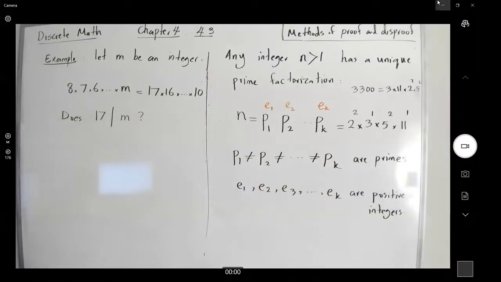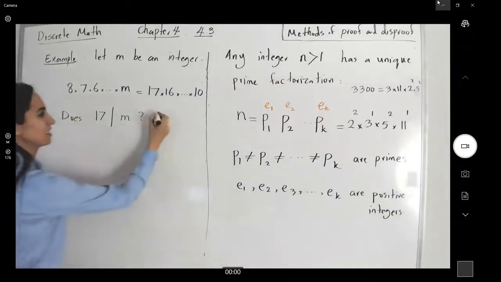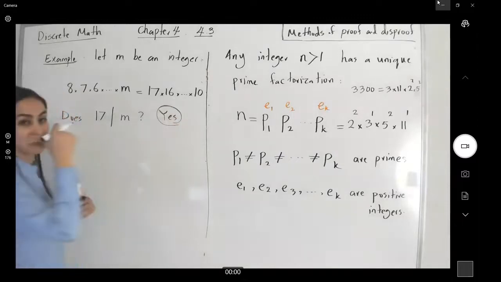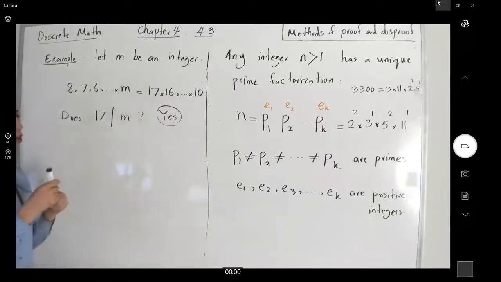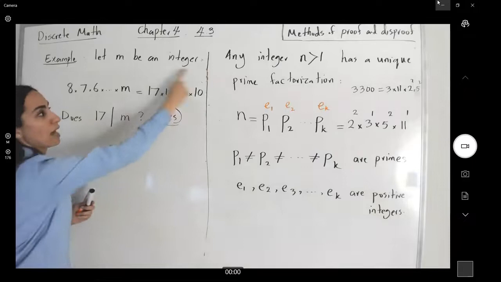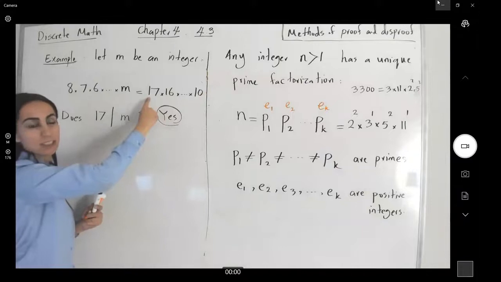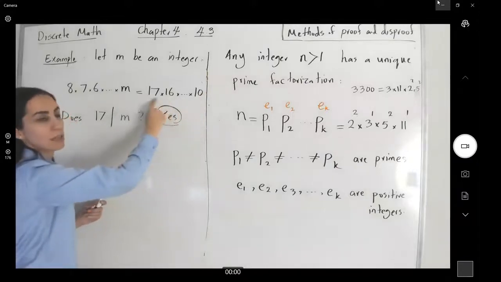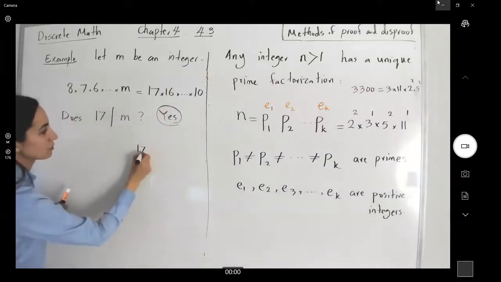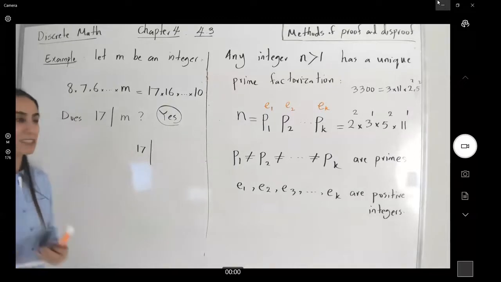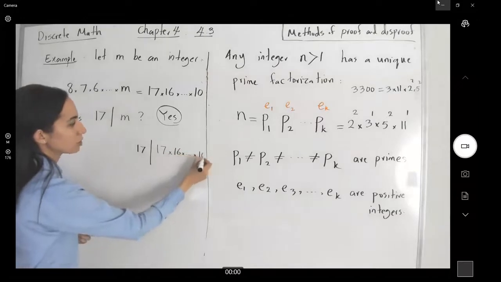Very well. The answer here is yes. Why is that? Don't overthink it. What do you have on the right-hand side? On the right-hand side, you have a number including 17. So, of course, 17 divides this number. 17 divides any number including 17, so 17 times 16 times 15 up to 10.